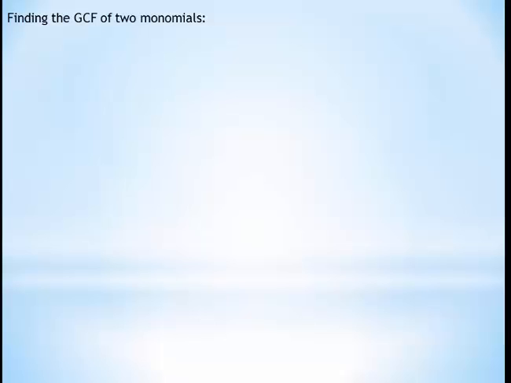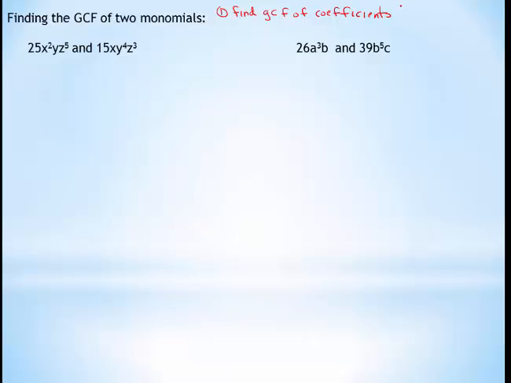Okay, finding the GCF of 2 monomials. These include variables. So what we do is we find the GCF of the number, the coefficients, which is the number part.